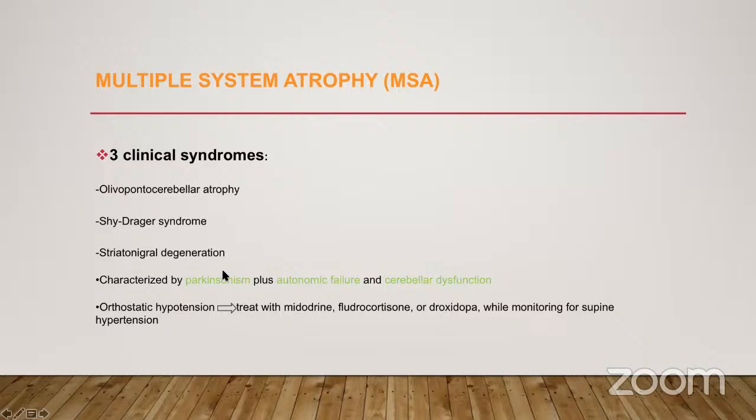Usually we find Parkinsonism plus autonomic failure, like postural hypotension. If the patient has postural hypotension, we give midodrine, corticosteroid, or droxidopa, in addition to cerebellar dysfunction.